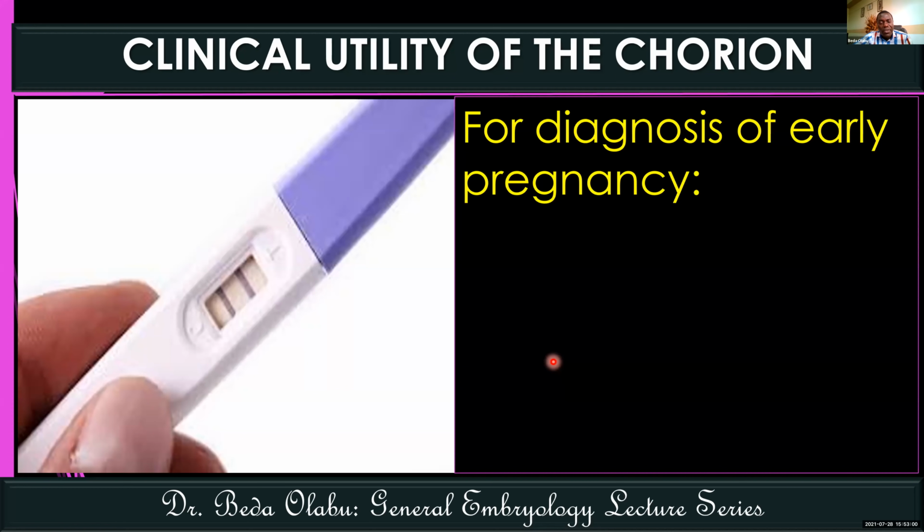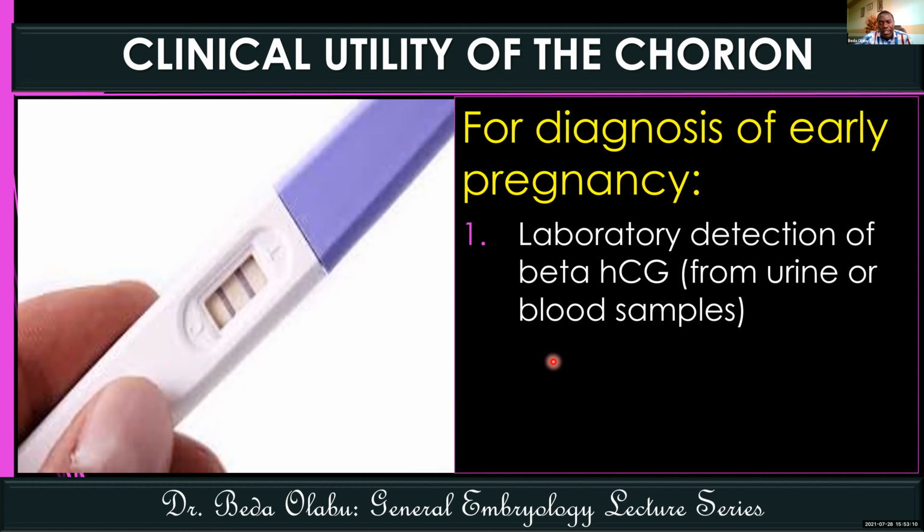For us to make a diagnosis of early pregnancy, we rely on two things, and all of them are actually chorion-based. One of them is that we can detect the levels of beta HCG, either from urine or from blood samples. So high levels of beta HCG suggest that there's a pregnancy.